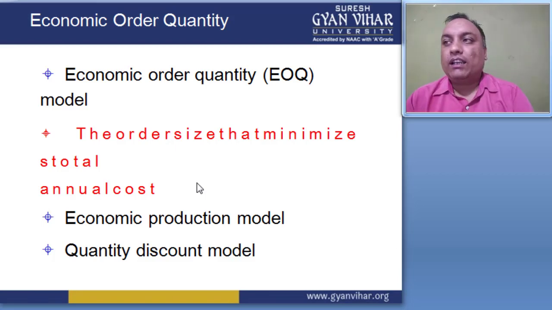In 1913 Ford W. Harris developed this model, whereas R.H. Wilson is credited for its application and in-depth analysis. By using this model, companies can minimize the cost associated with ordering and inventory holding.